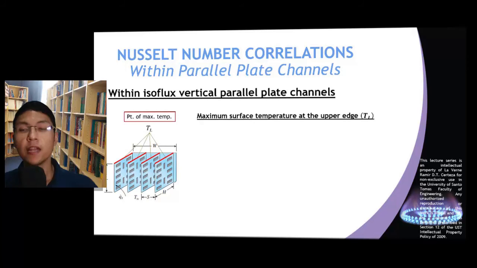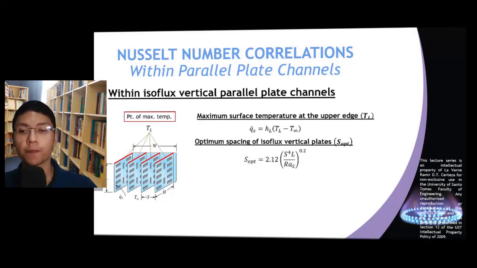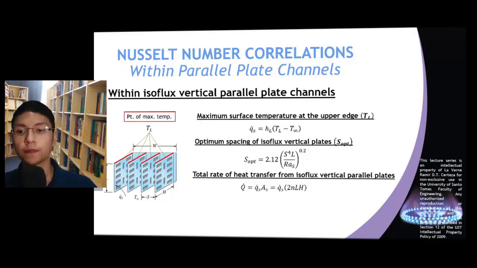We can find the value of the maximum surface temperature at the upper edge of the isoflux vertical surface using this formula. On the other hand, the optimum spacing of the isoflux vertical plates that will allow the highest rate of heat transfer is given by this formula. Finally, the total rate of heat transfer from these constant heat flux vertical parallel plates is given by this formula.